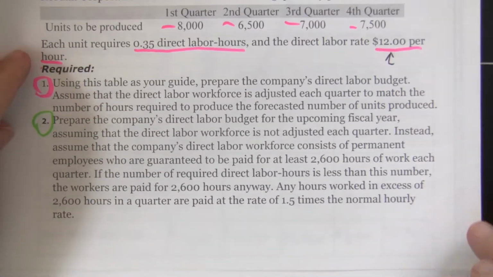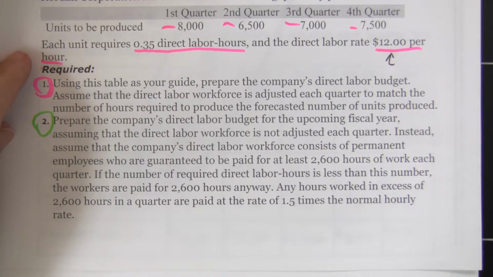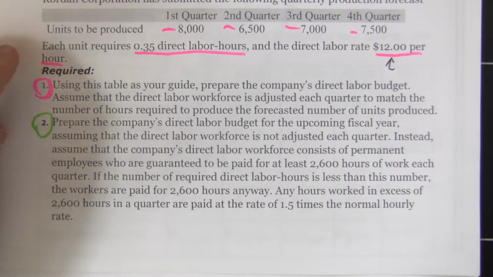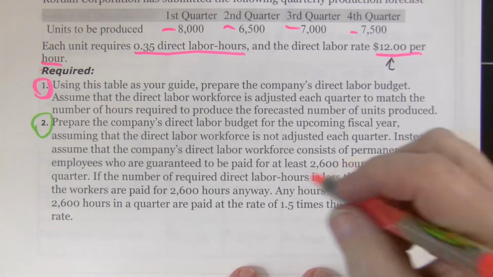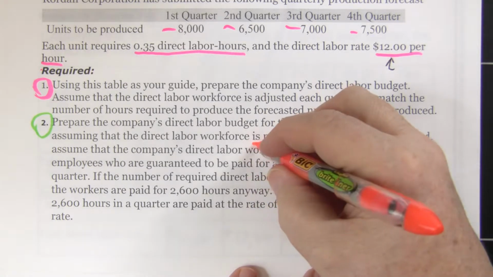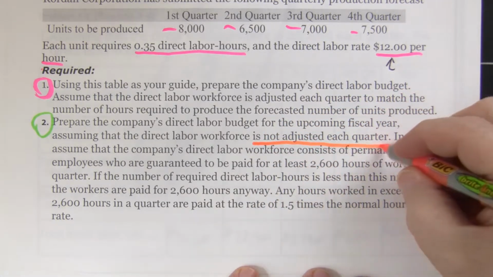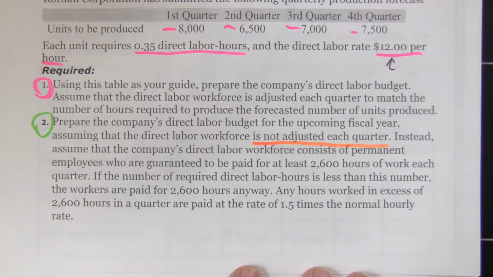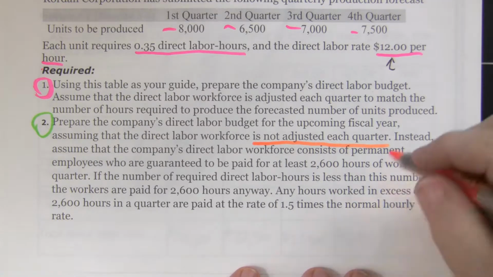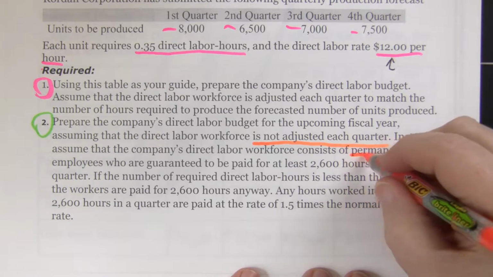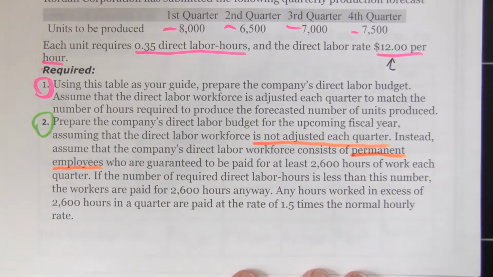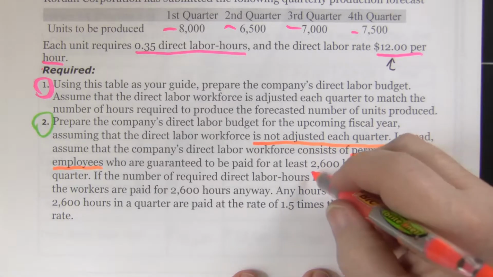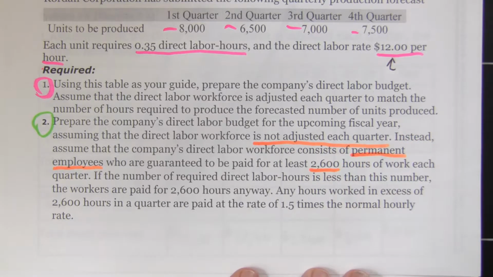Problem 4.2 is a different problem, and let me point out, make sure you see where it's different. Assume that the company's labor force is not adjusted for each quarter. Instead, the company's labor workforce is permanent employees, so we can't add or subtract, who are guaranteed to be paid for at least 2,600 hours.